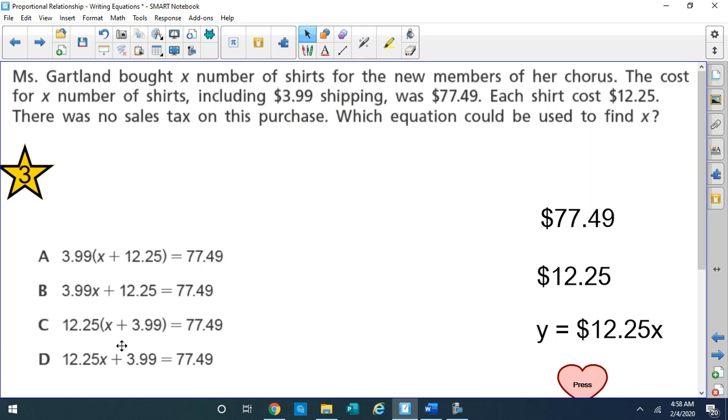But the shipping cost is an additional charge to it. So you have your Y equals 12.25x. And that Y equals $77.49, sorry. And now we have to add on an additional $3.99 to the price of the shirt.